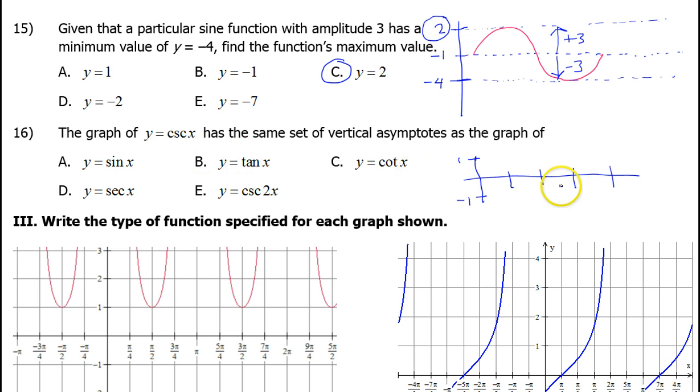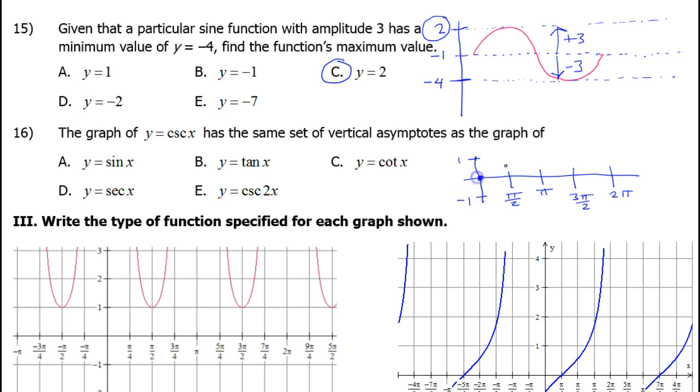The sine function has a period of 2 pi, so the b value is 1, so the period is going to stay 2 pi, so this is pi, and this would be pi over 2, and this would be 3 pi over 2. Okay, so here comes my invisible sine function.